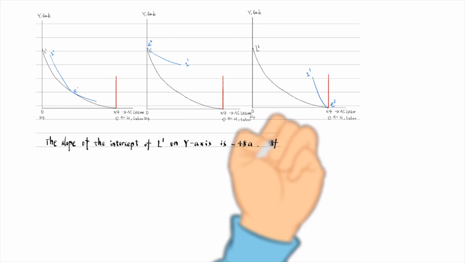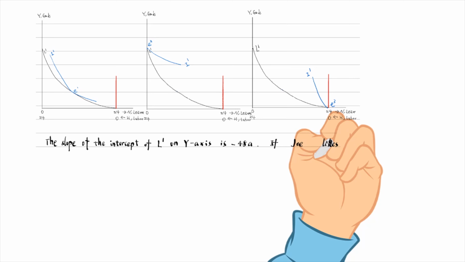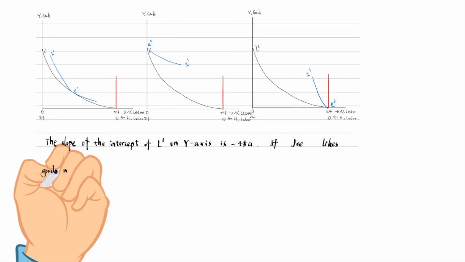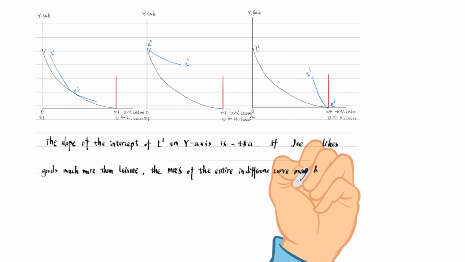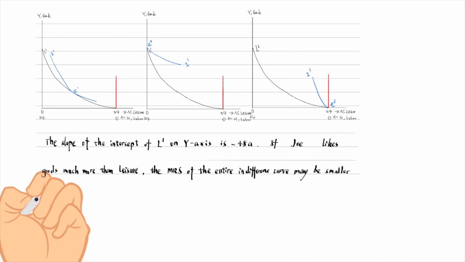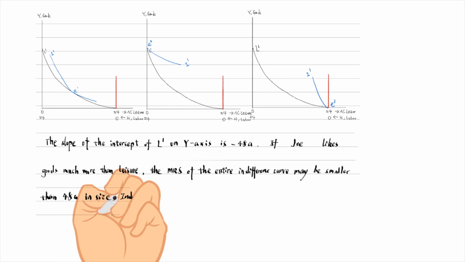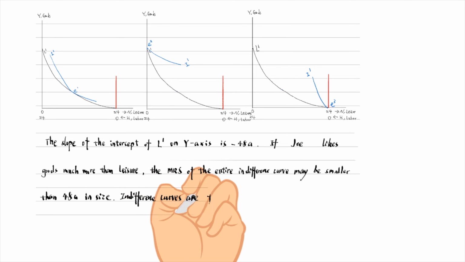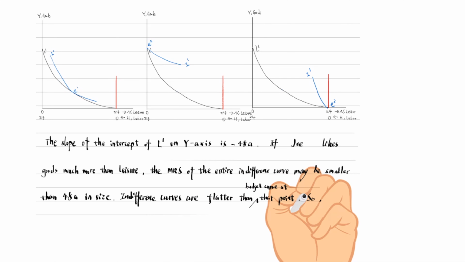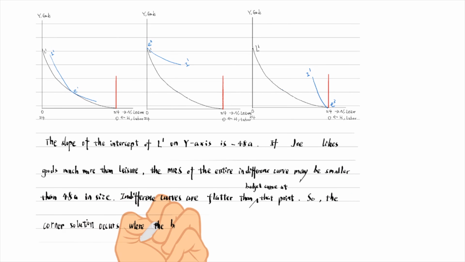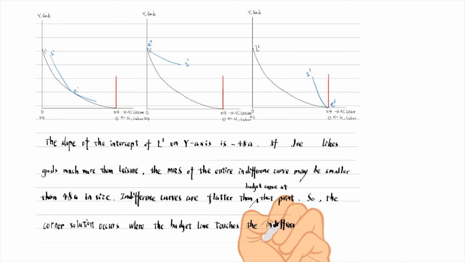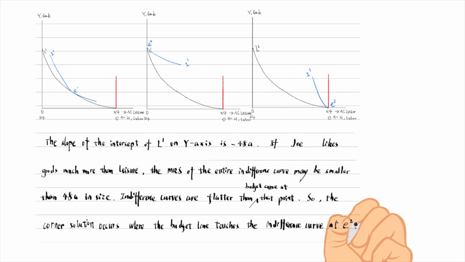If Joe likes goods much more than leisure, the marginal rate of substitution of the entire indifference curve may be smaller than 48 times a in size. The indifference curves are flatter than the budget line at that point. The corner solution occurs where the budget curve touches the indifference curve at E2.